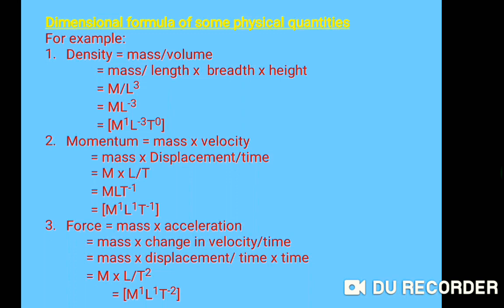So M into L upon t. In the next step we can say M L t minus 1. So the dimensional formula of momentum is M raised to power 1, L raised to power 1, t raised to power minus 1.